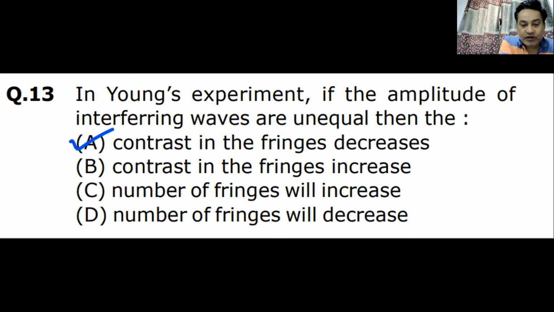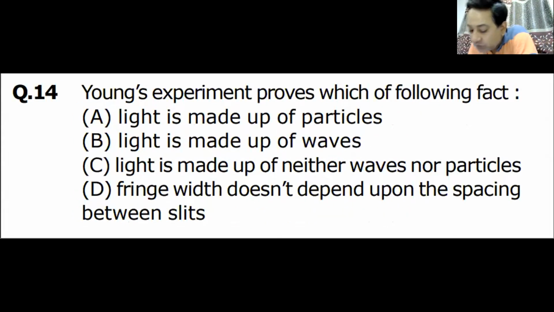Here comes the next one. Can I have the answer for this one? Young's experiment proves which of the following facts: A, B, C, D. Remember the name of this chapter and the reason why this chapter is known as what it is known as. What is the answer for this one?